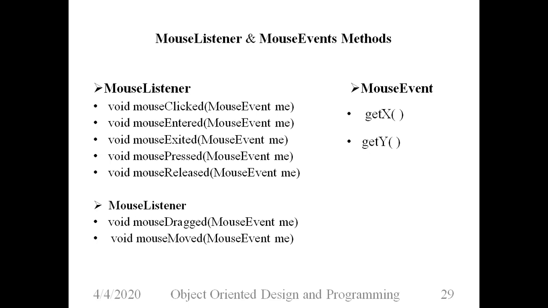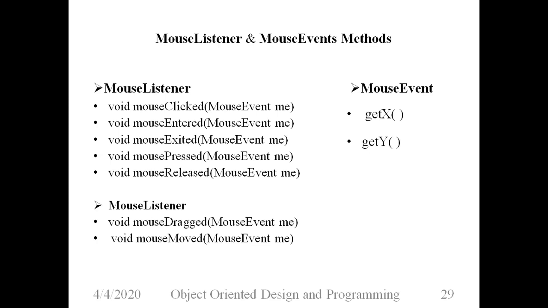In the program, we have to use the getX and getY methods to get the x and y coordinates of the point where the mouse is clicked or where the cursor is. There are 2 listeners for mouse, as I said earlier. One is MouseListener. The second one is MouseMotionListener.